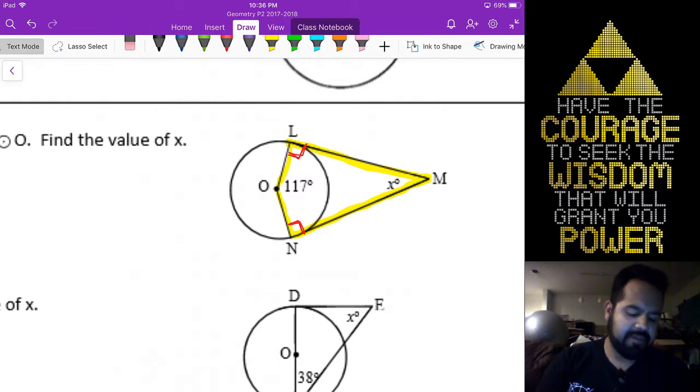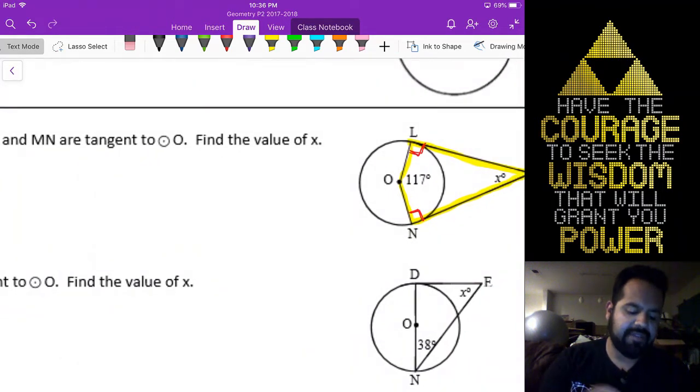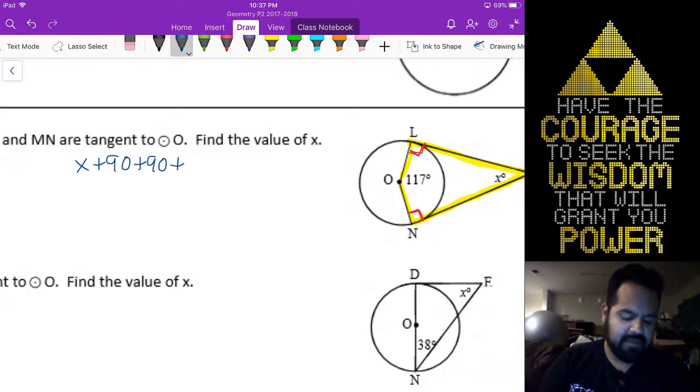If you remember that the interior angles of a quadrilateral all add up to 360, we can then say x plus 90 plus 90 plus 117 equals 360 degrees.